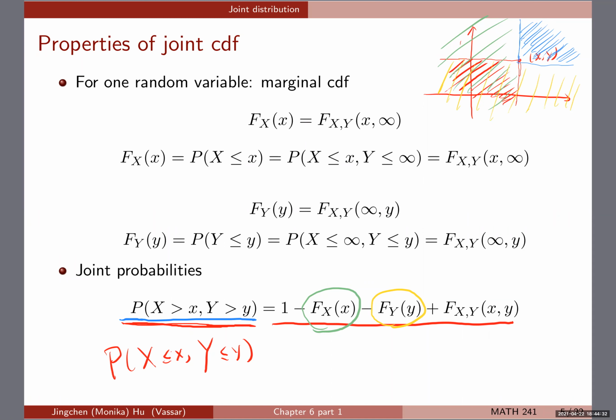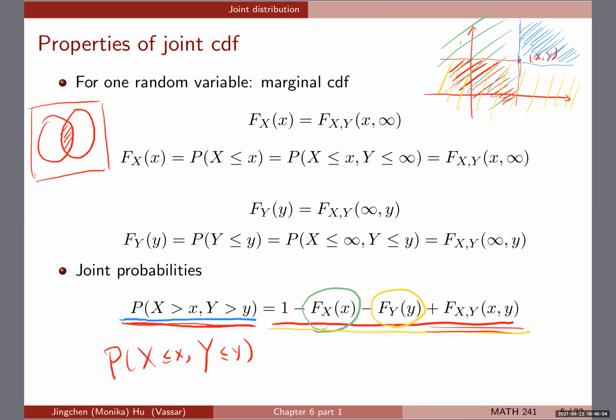Once you work it out, I think you will be able to convince yourself that this expression works just fine, okay? This is very similar to the inclusion-exclusion probability result that we saw before, because when you have two events with an intersection between them, if you want to know the union of the two, don't forget that you have to add back the extra subtraction you have done, that is too much.